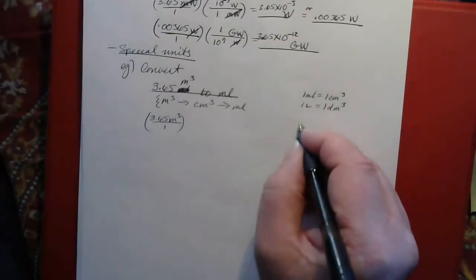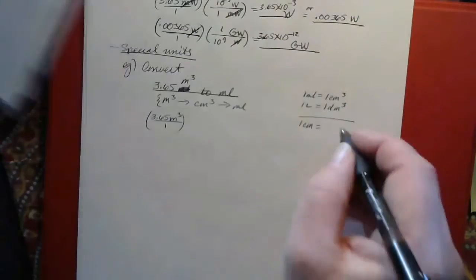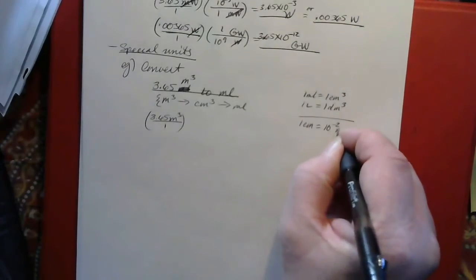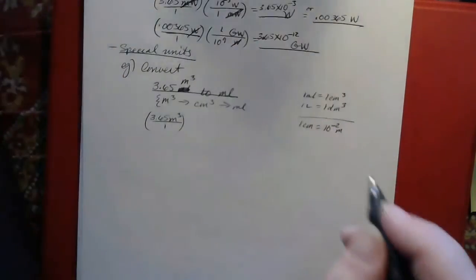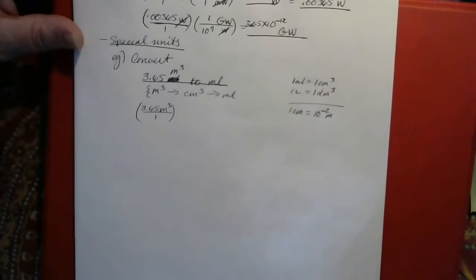So between meters and centimeters, we know that any kind of centi unit is 1/100th of a unit. All right, so 1 centimeter is 10 to the minus 2 meters.